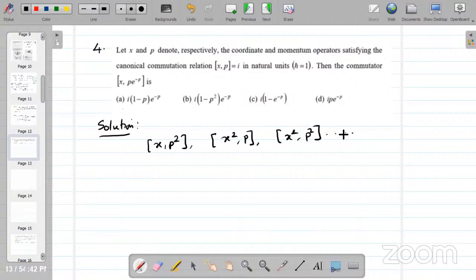These are very familiar, right? But what they have asked here is x comma p e power minus p. This is what we have to find.